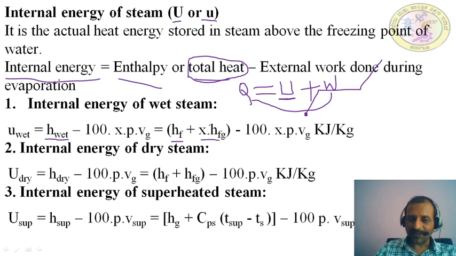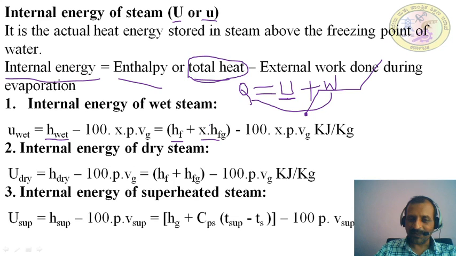But HF is there initially: you need to supply heat up to the saturation temperature, so by default HF will be there. For that HF you add the further heat in the evaporation stage. So H wet is HF plus X HFG, and minus 100 X PVG. This is the formula for the internal energy of the wet steam.